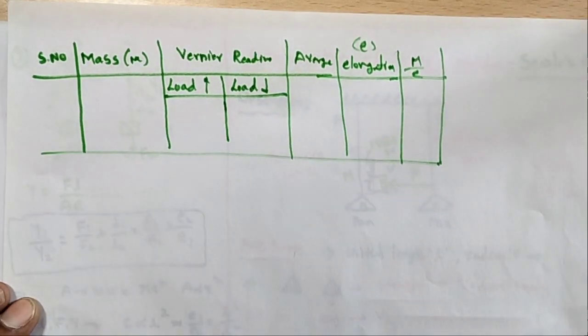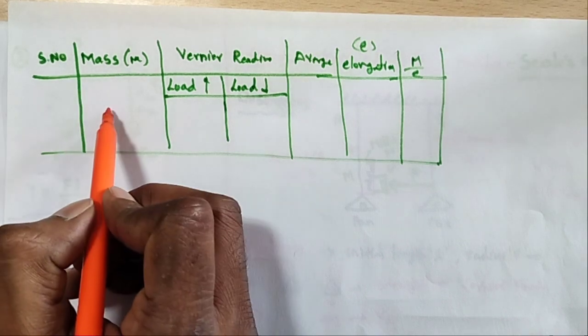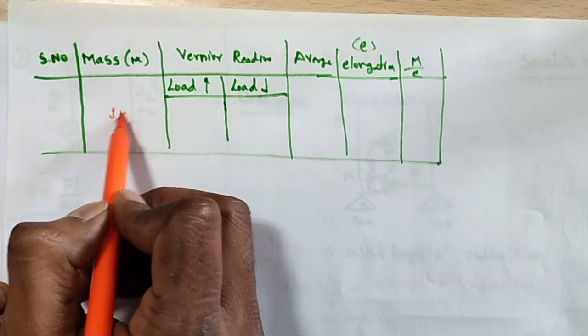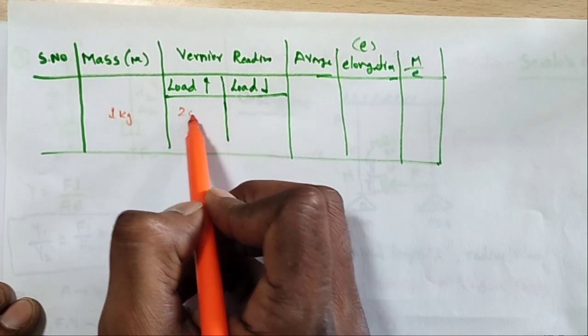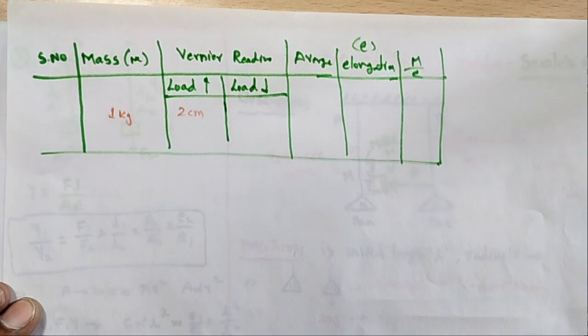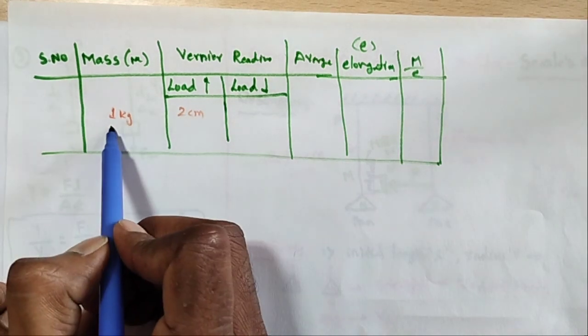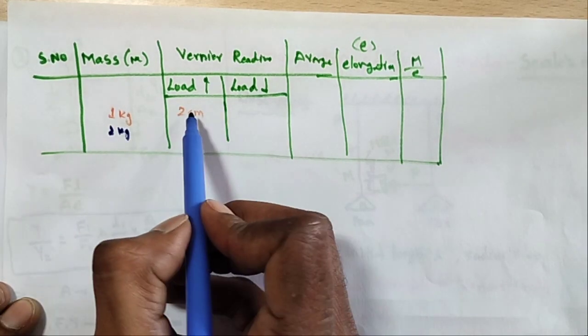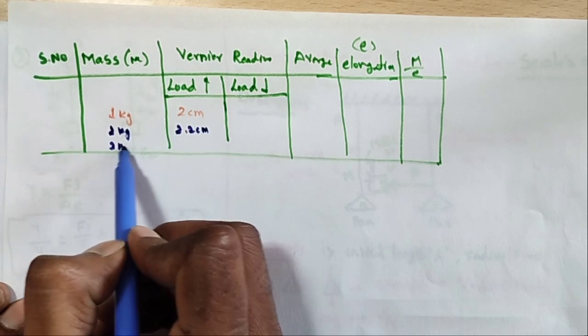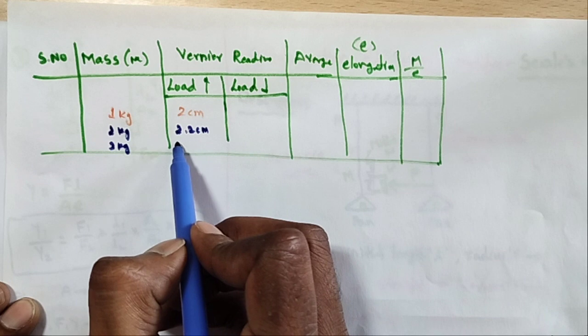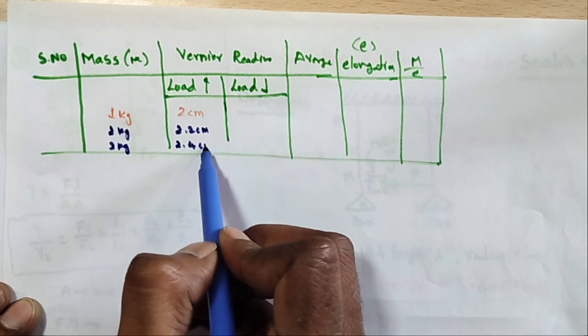Okay, for example, initial weight 1 kg. Its vernier reading, for example, is 2 centimeters. Suppose 2 kgs, here 2.2 centimeters, and 3 kgs, when the load is increasing, 2.4 centimeters.